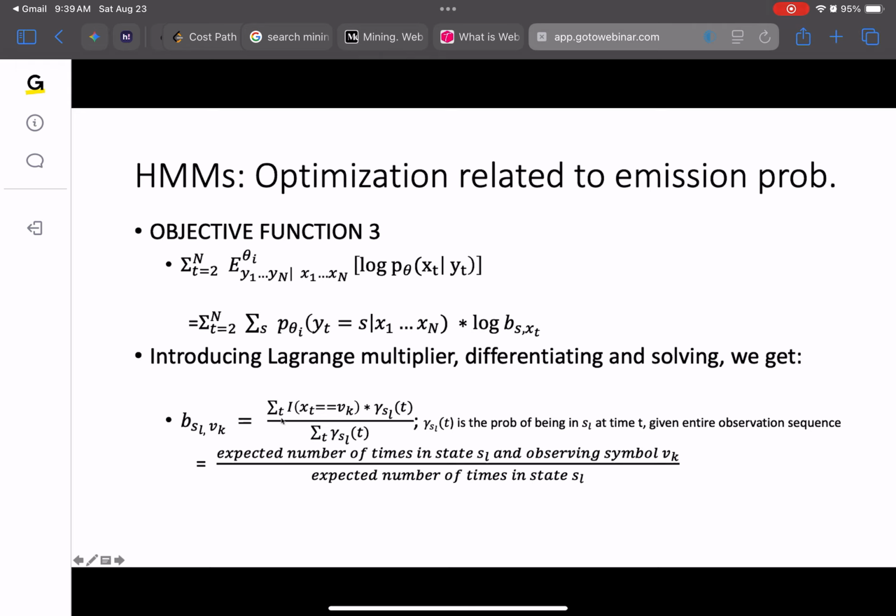So in words, we can express this expression as the expected number of times in state SL and observing the symbol vk divided by the expected number of times in state SL. These are the estimates for B in semi-supervised learning.